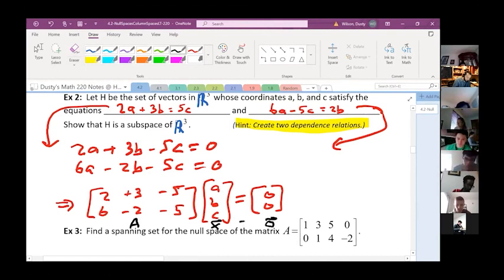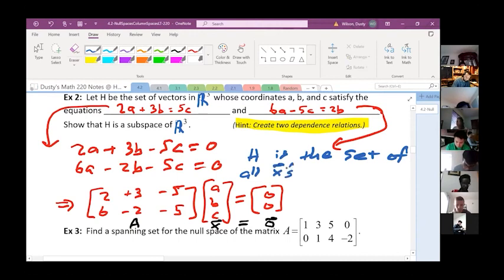So you have your Ax equals 0, and the question basically amounts to finding all the x's that make this true. So H is the set of all x's such that Ax equals 0.